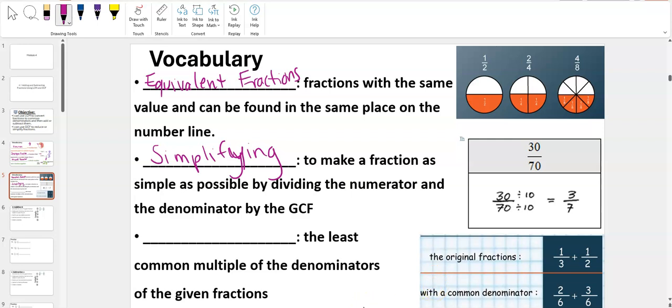And then the last word here might be one you haven't heard before, but basically the least common multiple of the denominators of given fractions, we like to call the LCD, or the least common denominator.